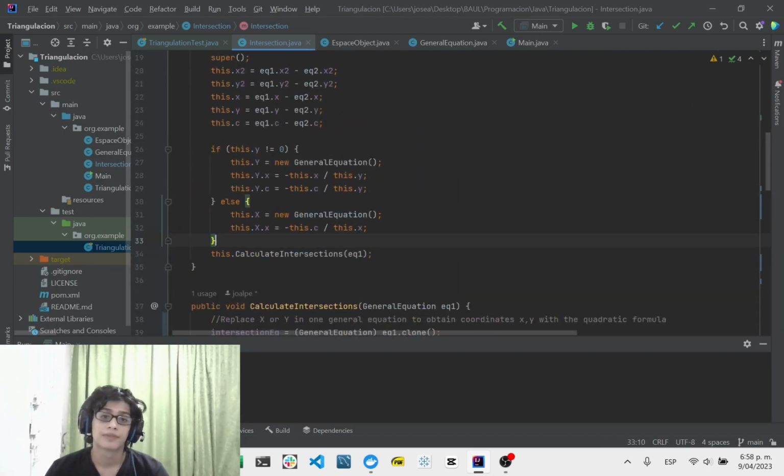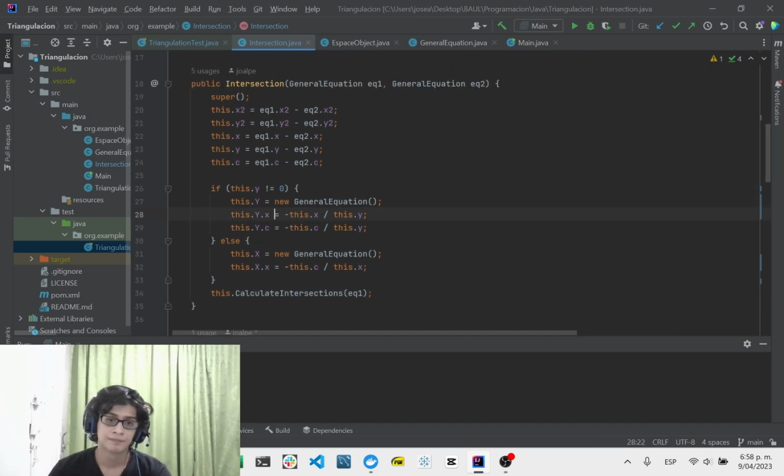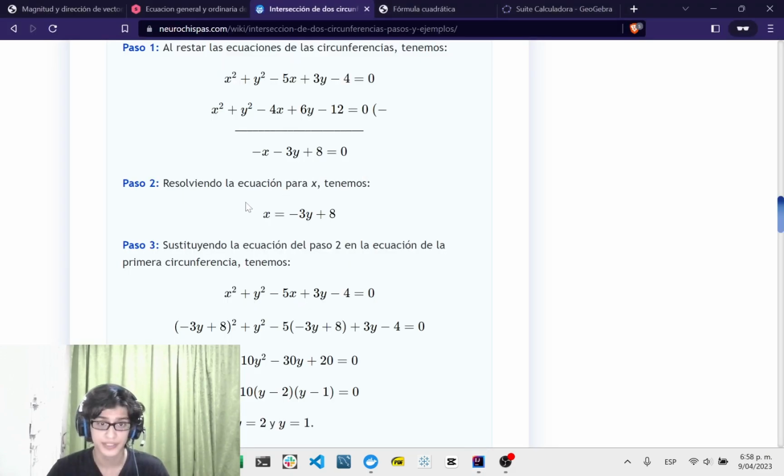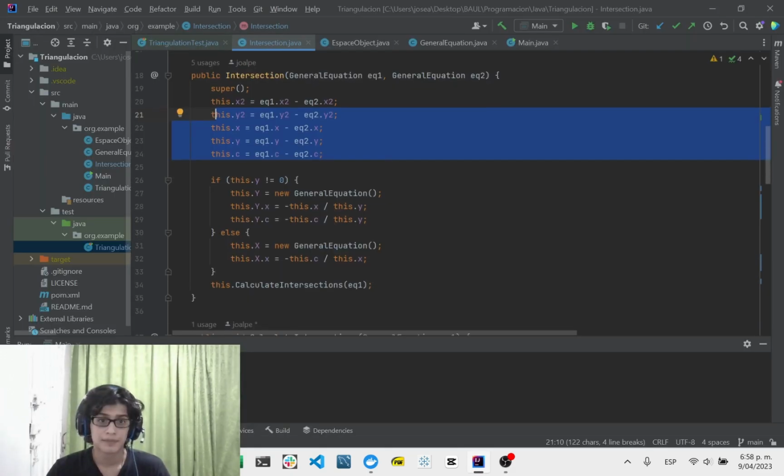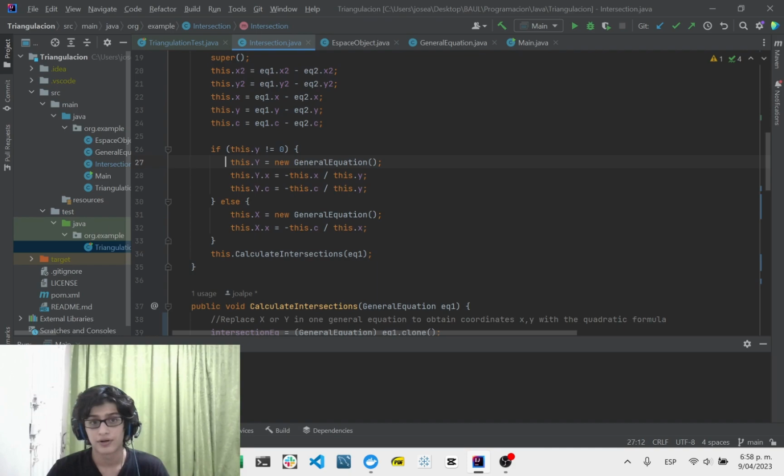Continue again. I create this. First I get the intersection, that is this, and then I clear y or x, and I do that here.